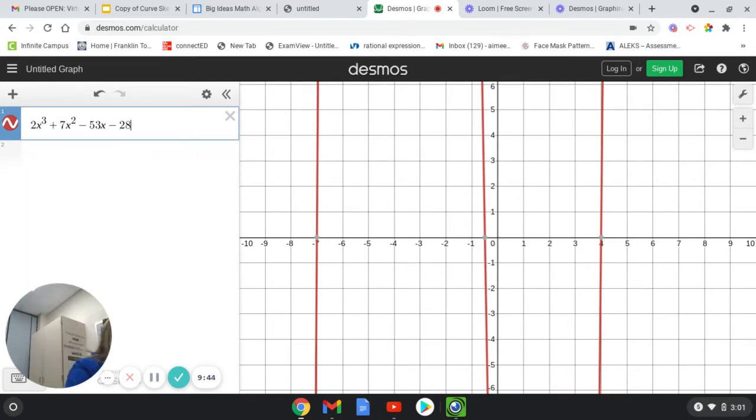All right, so when I look at Desmos, it looks like I can narrow it down to -7. It's probably -1/2. That gets a little baby question mark, and 4.